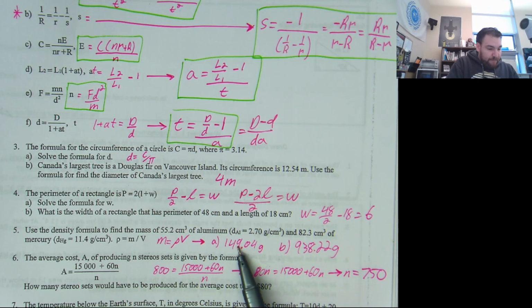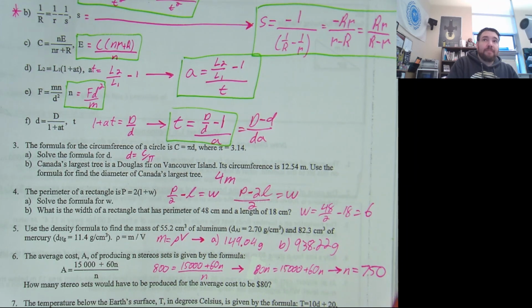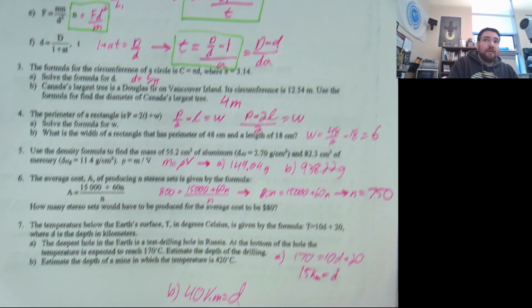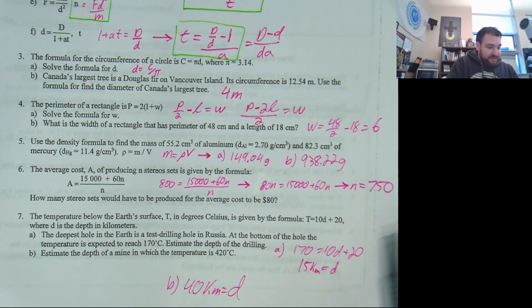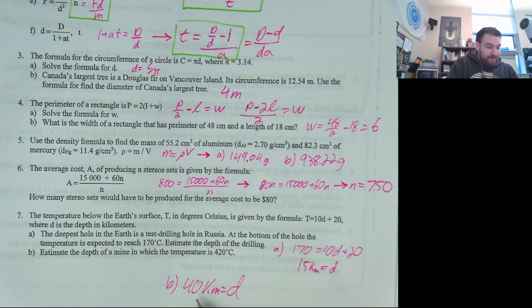The masses of aluminum and mercury, given volumes and densities: 5A is 149.04 grams. 5B was 938.22 grams. And then 6 and 7, you need 750 stereos. 7A is a 15-kilometer dipole, and B was a 40-kilometer dipole.